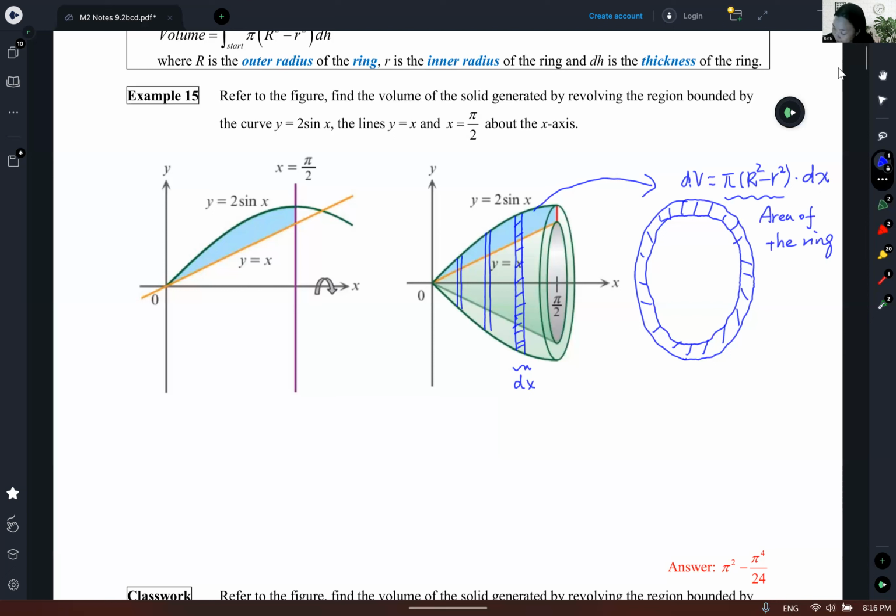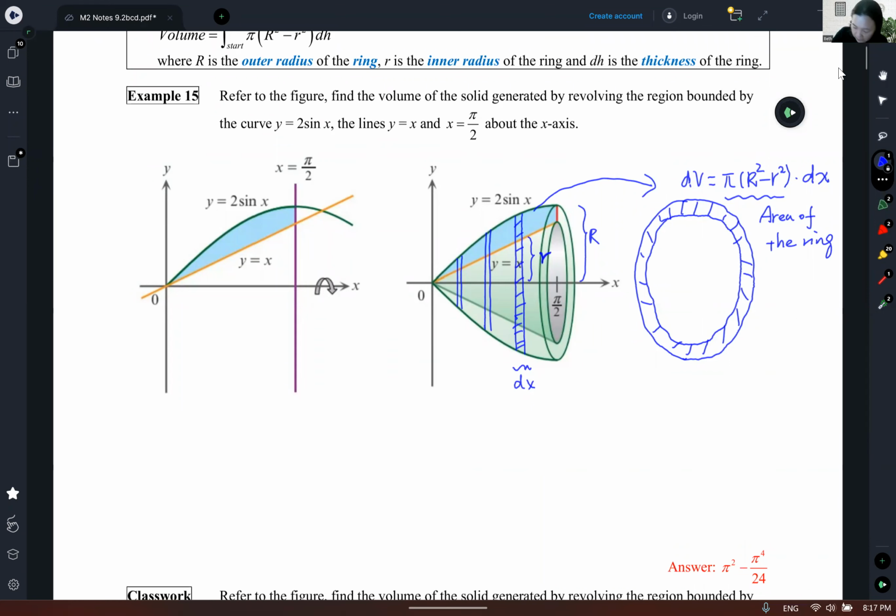We also need to figure out what's the bigger R and what's the smaller r. In this case, the bigger R is the distance from the green curve to the x-axis, and the small r is the distance from the orange curve to the x-axis.